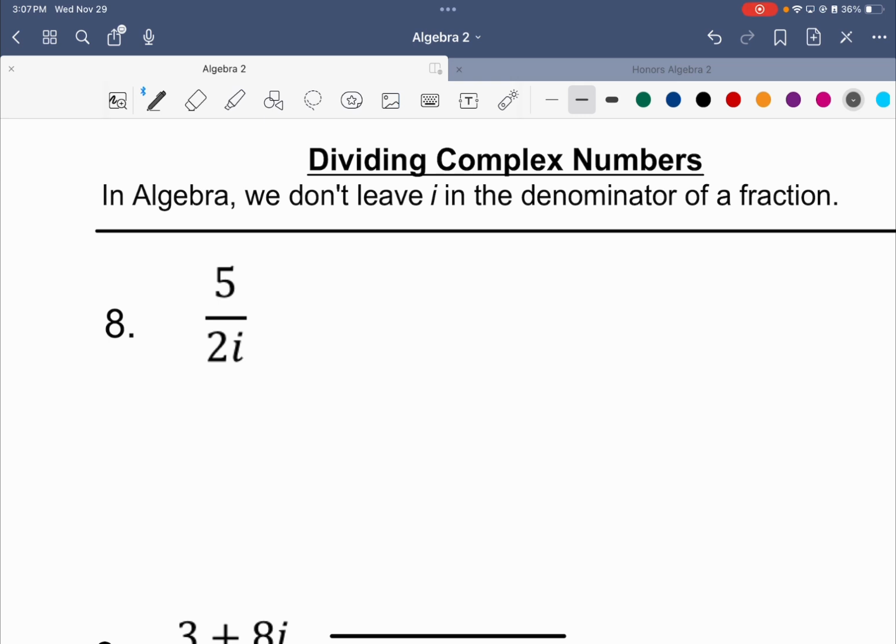Bottom of a fraction, right? So should that say in algebra we don't leave i in the denominator? If we don't leave i in the denominator of a fraction, aren't I saying of a fraction twice? Yes. So grammatically, see, I can't do sentence structure.